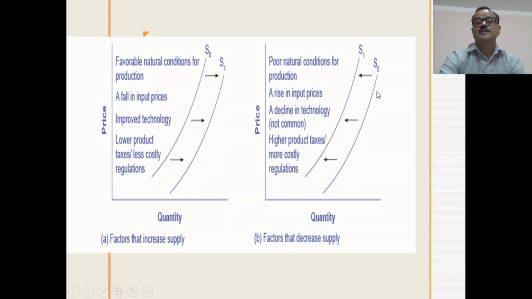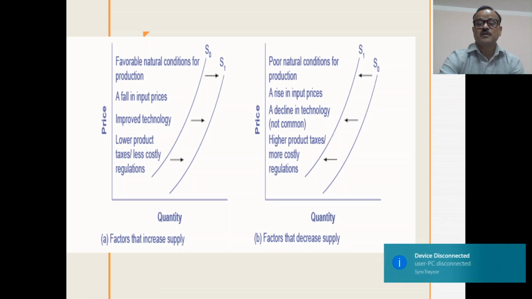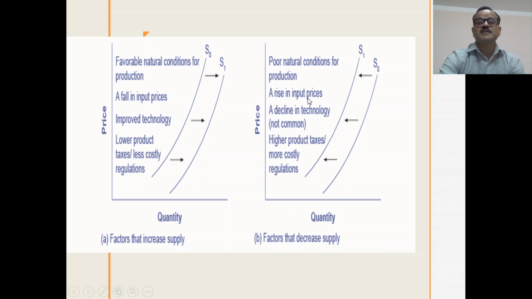Here you can see this is the original supply curve. Now here you can see the supply curve shifts backward due to poor natural condition for production. So natural condition is not supportive, it is poor, and input prices rise, there is a decline in technology, and higher product taxes, more costly regulation.